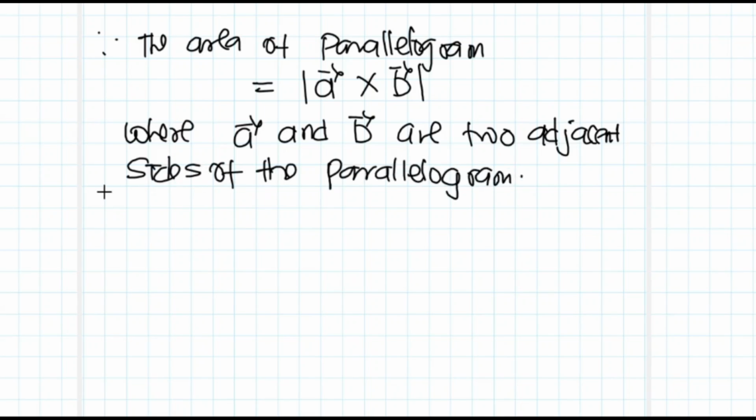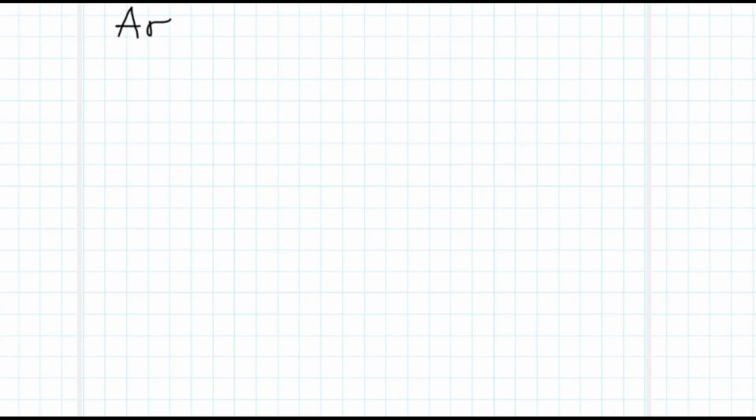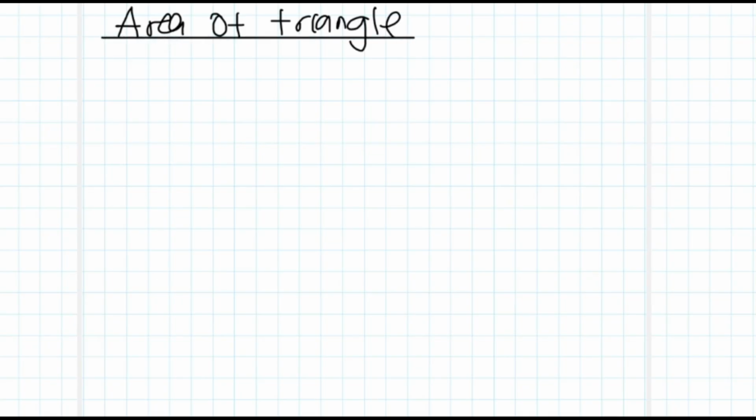So we can use the vector cross product to compute the area of a parallelogram. We can also use the vector cross product to compute the area of a triangle. Now, how can we use it to compute the area of a triangle? Look, we have a triangle here, and then this is joined together this way.